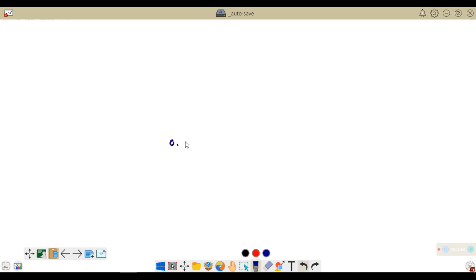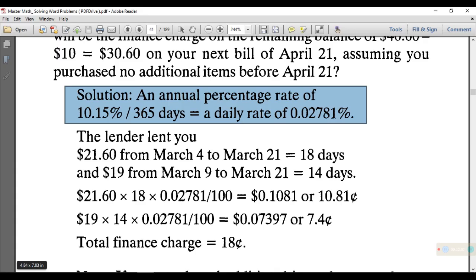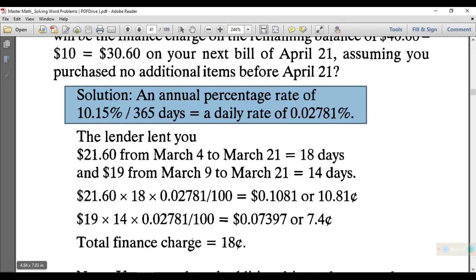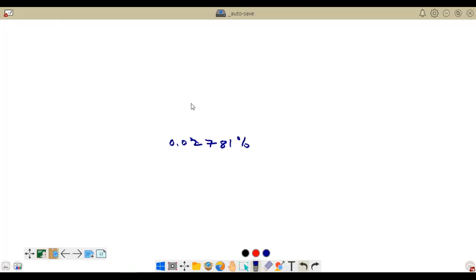So, we have 0.02781%. Right? So, kung gusto mo siyang direkta, we have 0.12. Yan, magkakaroon ka dito.